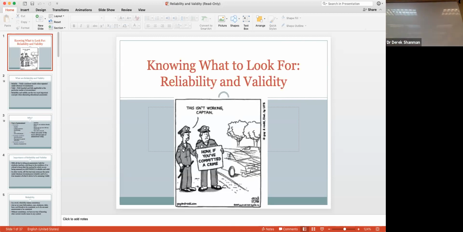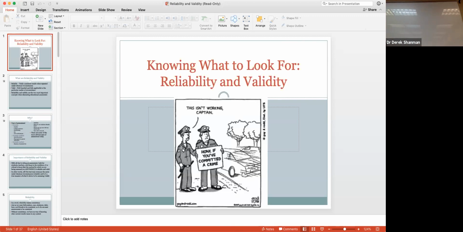The overall goal for today, the assignment that you guys are going to be working on, is to actually go in and start to research some of the major reading assessments that are out there.